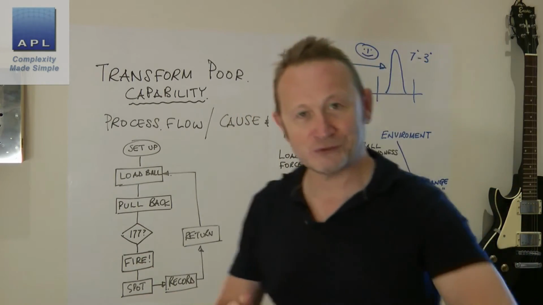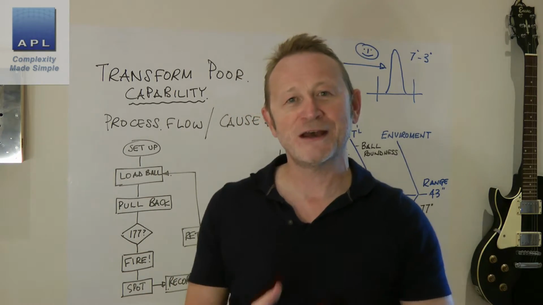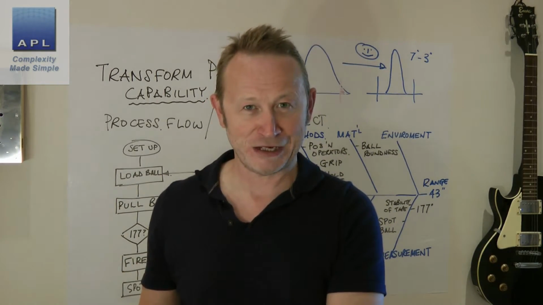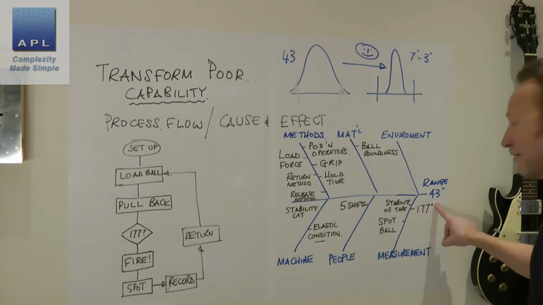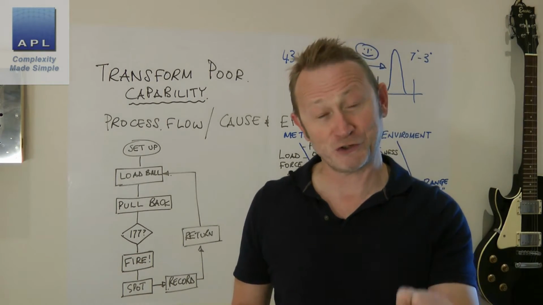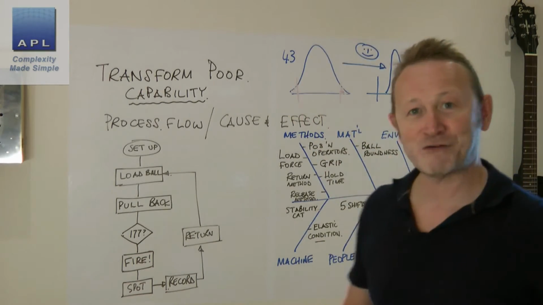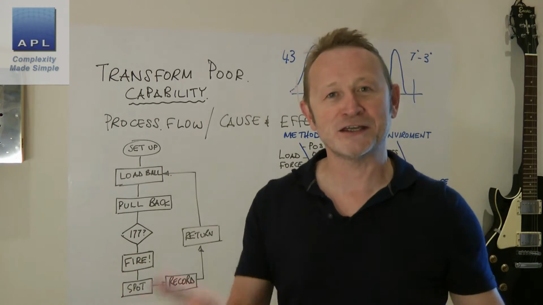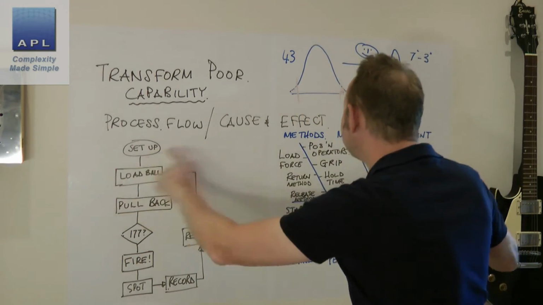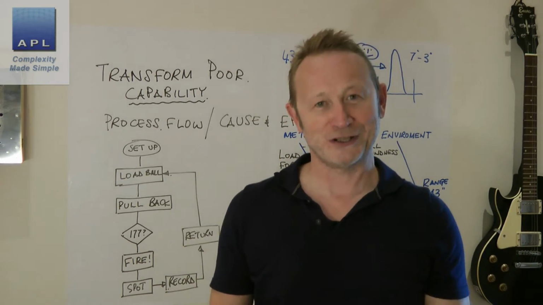It's a variable that keeps moving. It's an input that keeps moving. And then it asks you to say, what's the effect of that failure mode? What's it going to do to the output of your process? And what you're supposed to do when you create a control plan is to create controls for the variables in the FMEA. So if you use the FMEA properly, you'll never need this and your capability will always be brilliant.